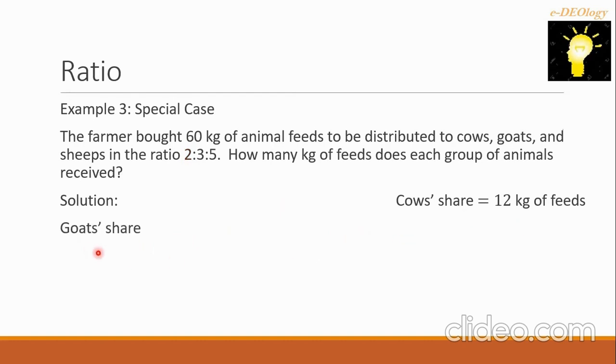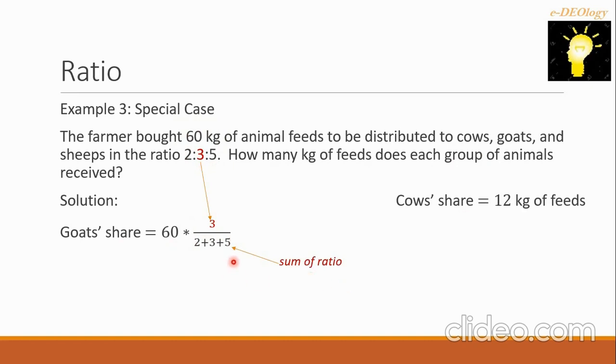We will now compute the goats' share. Again, we will copy the total number of kilograms, 60. Then we multiply by a fraction. The number 3 that corresponds to the goats, we will put as the numerator. And in the denominator, we will take the sum of the ratio.